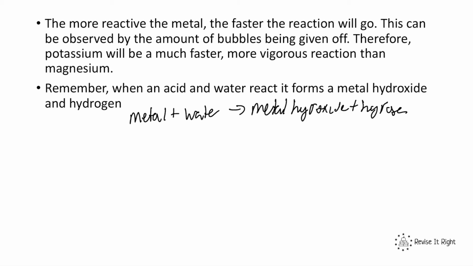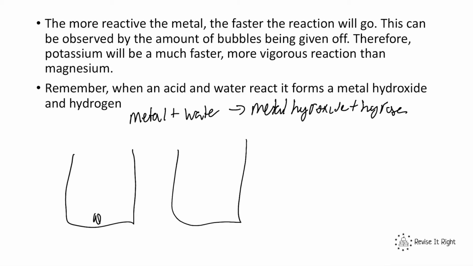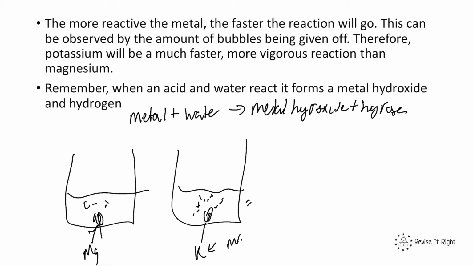The reactions that are more vigorous, produce more bubbles and happen quicker, show that the metal is much more reactive. And we can use a very similar technique to what we just used. If we have a metal, again, for example, we'll use magnesium and we'll use potassium, and we add it to water, the quicker reaction, the one that produces more bubbles and is more vigorous, shows you that that metal is more reactive.